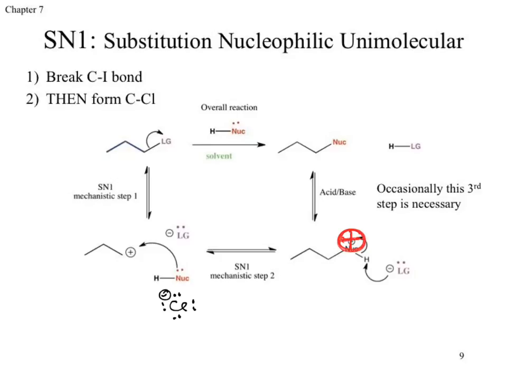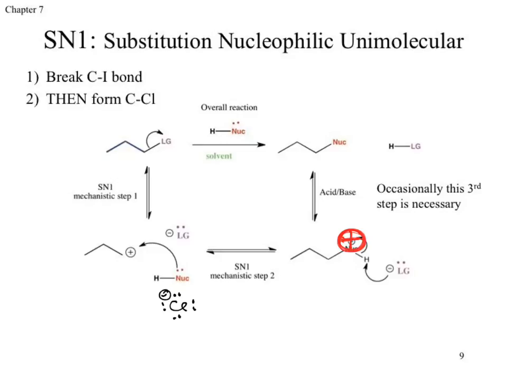Something to do with that red circle. If your product is not neutral, you need to fix that. So it's going to continue to fix itself or adjust its charges to get rid of that charge. In this case, the easiest place to get electrons from is that hydrogen.